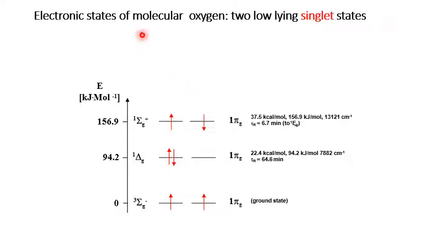So these are the electronic states of molecular oxygen. There is one triplet ground state, which is the thermodynamically more stable state, and this state, 22.4 kilocalories per mole higher in energy, is the 1 delta g form, and the other is the 1 sigma g plus form, which has singlet nature.